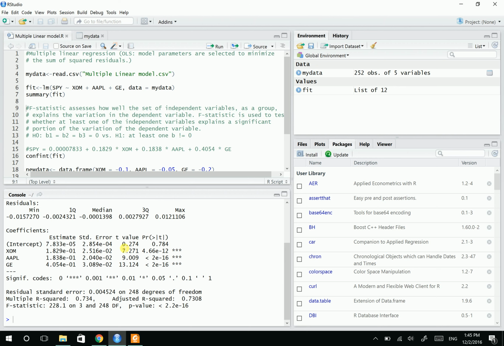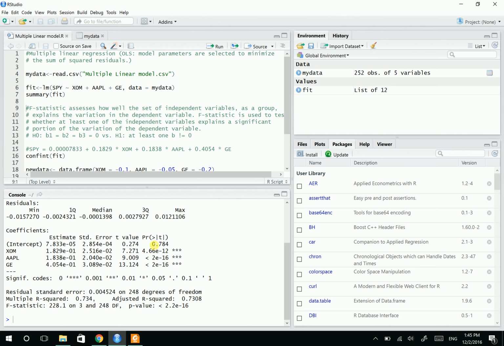The t-value is the estimated number divided by the standard error. It means how many standard errors we expect from these estimates. Here it is over 7.271 standard errors, so this coefficient is quite significant.